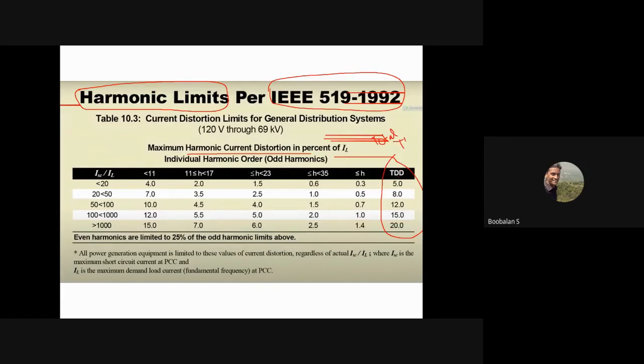THD is total harmonic distortion about a particular application, because different types of application have their own THD. But TDD is the total demand distortion about your whole applications, or maybe the whole cumulative THDs. For example, if you are going to consume less than 20 ampere current, your TDD will be less than 5.